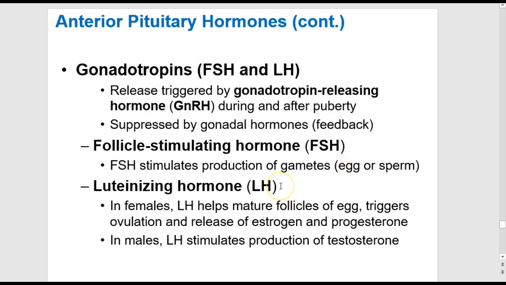Luteinizing hormone, LH, stimulates maturation of the egg as well, and the whole process of developing the egg, developing the sperm, getting the two of them together, and making sure there are appropriate hormone levels for the development of the uterus is a miraculous process.